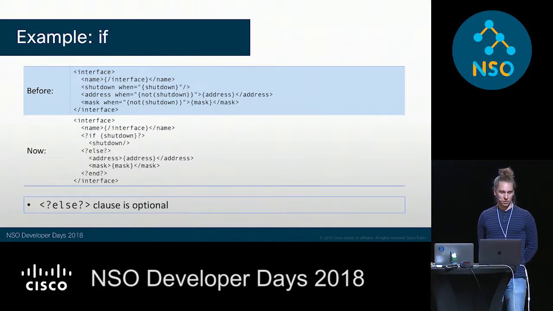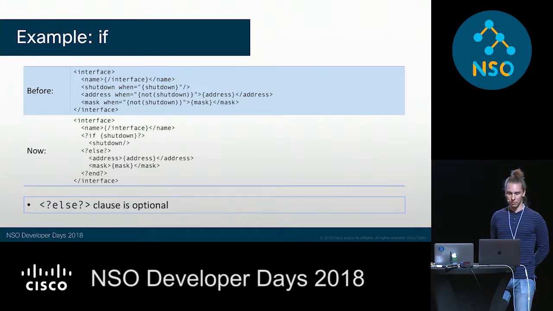Used to be when shutdown, now it's if shutdown, and it's not on a node. You can have multiple XML nodes under this instruction. You may have an else clause if you want.